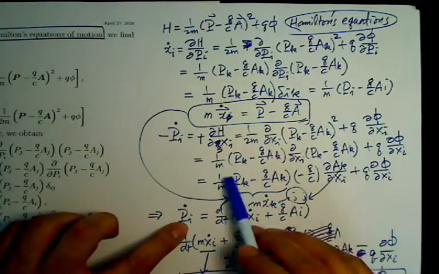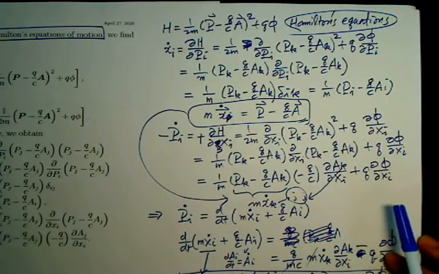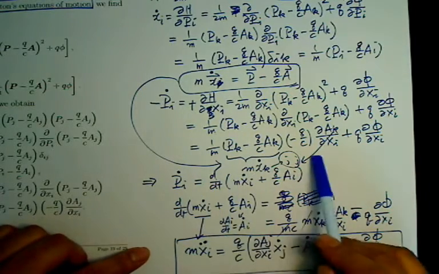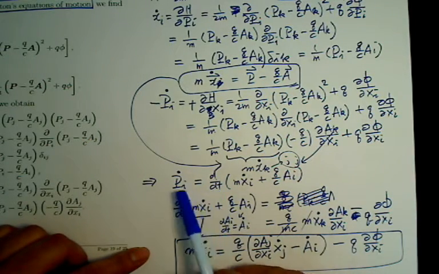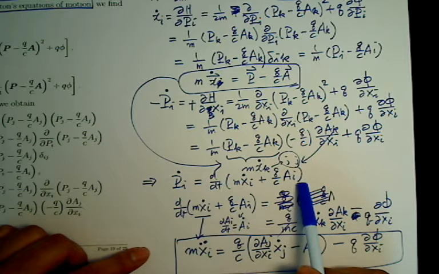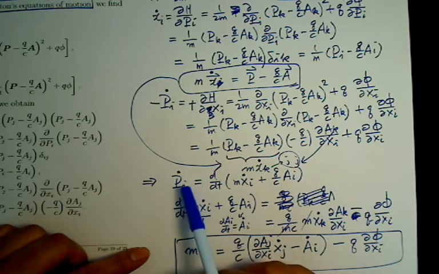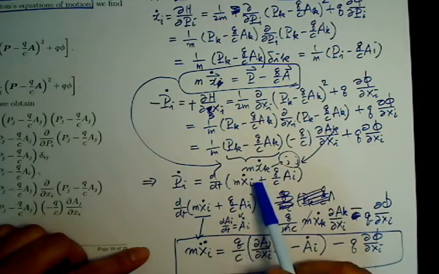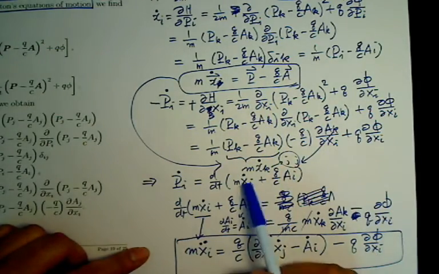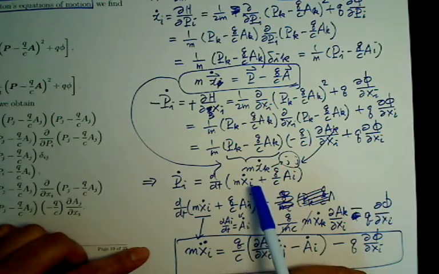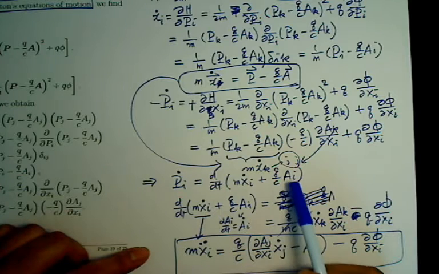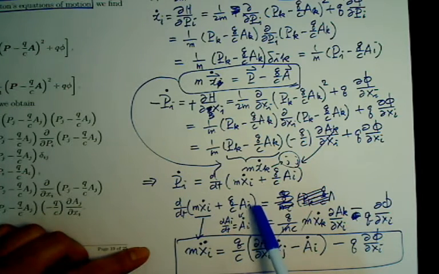If we keep track of this calculation, we will find this kind of form. By definition of p_i, if I copy this one in here and substitute, then you will find the double time derivative of the coordinate plus the total time derivative of a vector field.